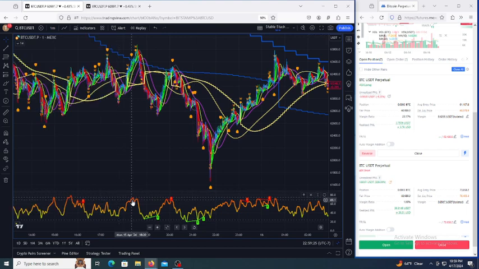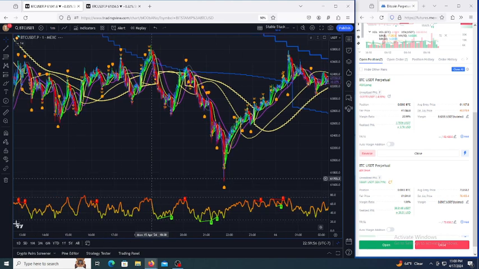So see right here. Right here is like a double M for your down signal. Right here is a double W for an up signal. Right here, W up signal.